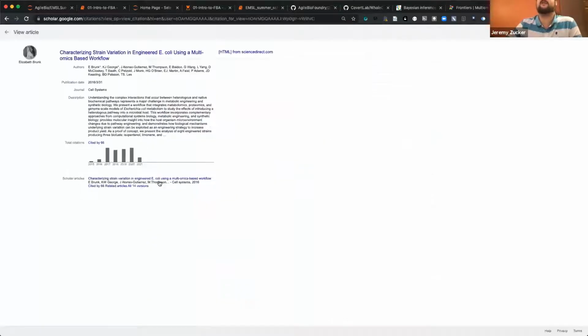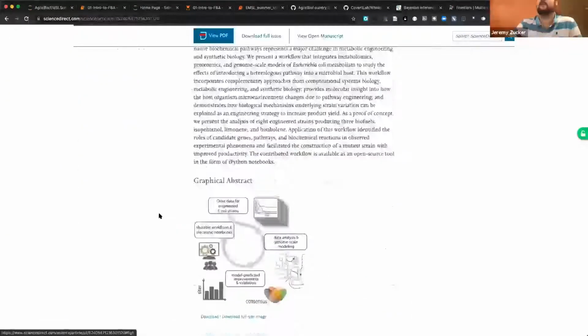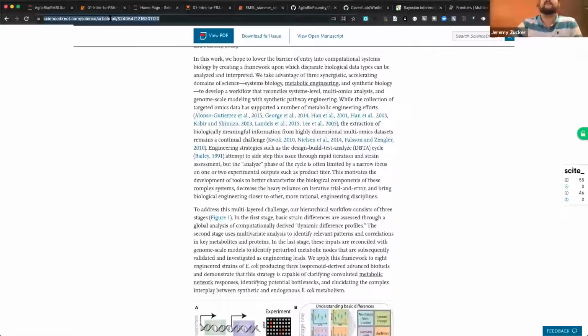Characterizing strain variation in engineered E. coli using a multi-omics-based workflow. I think this is the one. Yeah, that's right. Yep, this is it. Excellent. Many thanks.